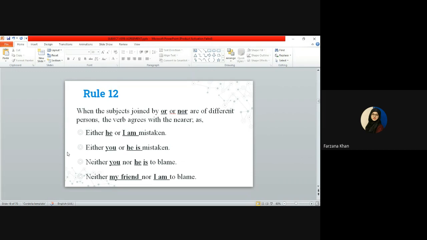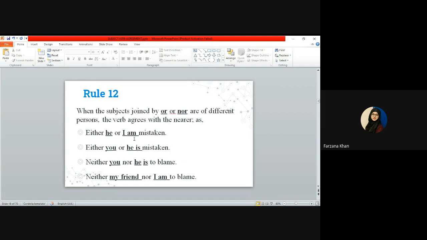Now we are moving towards another rule. Rule number 12. When the subjects joined by or nor are of different persons, the verb agrees with the nearer subject, with the nearer noun or pronoun. Here you can see in the example, either he or I am mistaken.